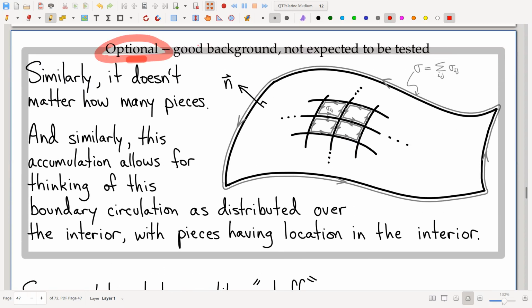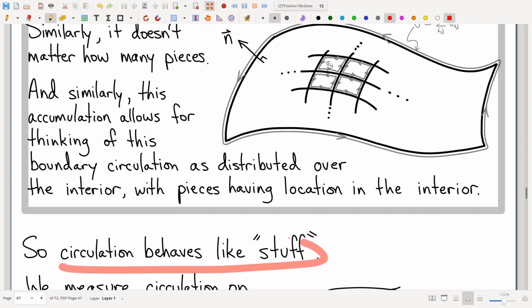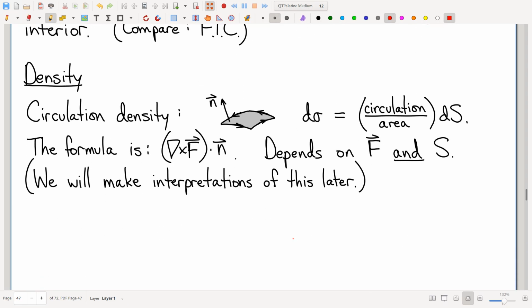Now, look through these details at your leisure, if you're so inclined, if you want a little clarification. The punchline, though, is, as we just said, circulation behaves like stuff. Of course it does. It's an accumulating quantity. All accumulating quantities behave like stuff in a way. And because it's a stuff, we have an associated notion of density. Now, let's be careful how we write this down. We're going to talk about circulation density.